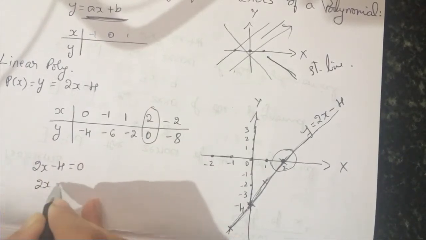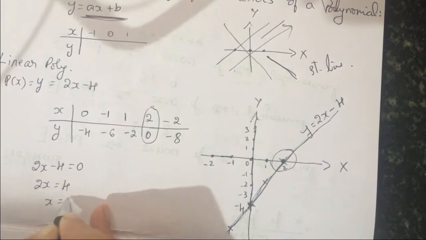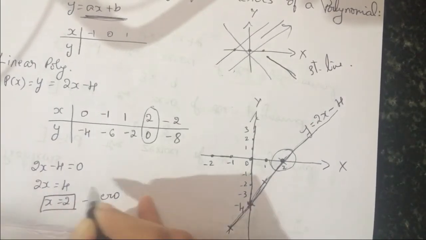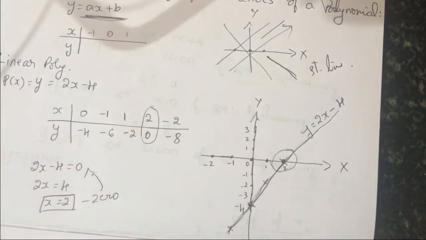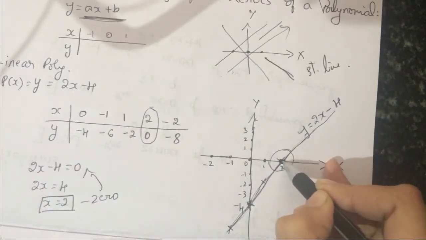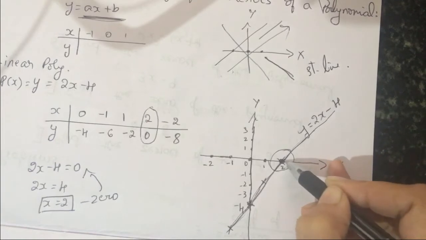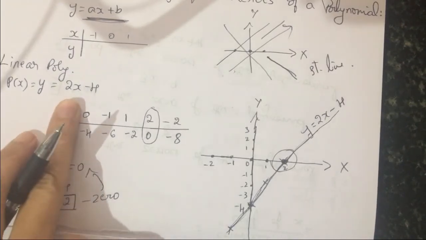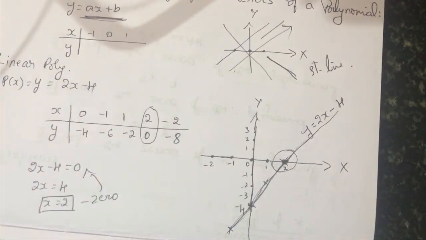Then you will simply solve the polynomial. You are getting x equal to 2 as the 0 of the polynomial, right? So here it is becoming 0. So this is the 0 of the polynomial. X equal to 2 is the 0 of the polynomial 2x minus 4.